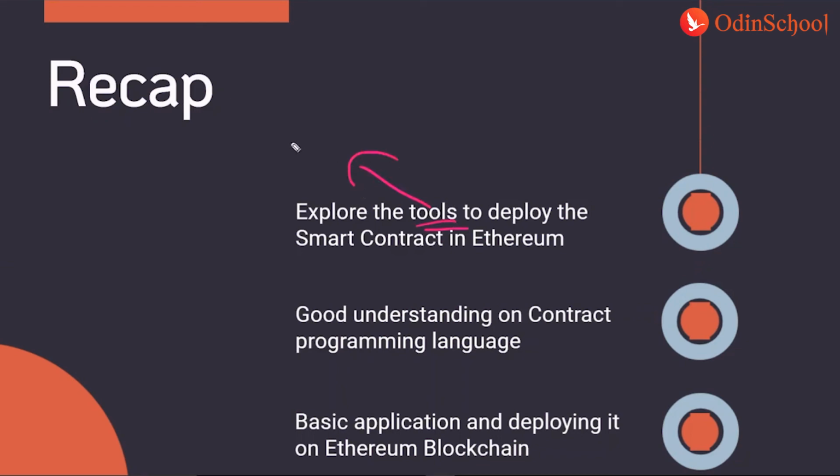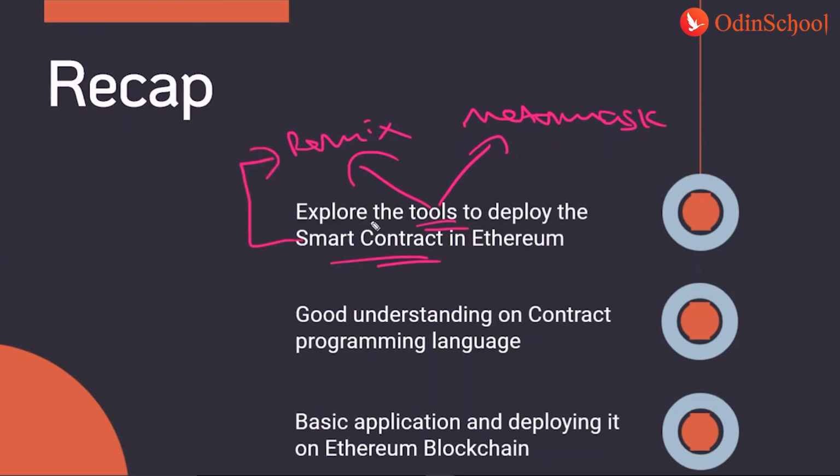What are the tools here? It is your Remix and then your MetaMask. These are the two tools which we have discussed to write the smart contract. Where are you going to write your smart contract? Inside Remix. Deployment using MetaMask. Where? Inside the Ethereum blockchain. So this is the flow.